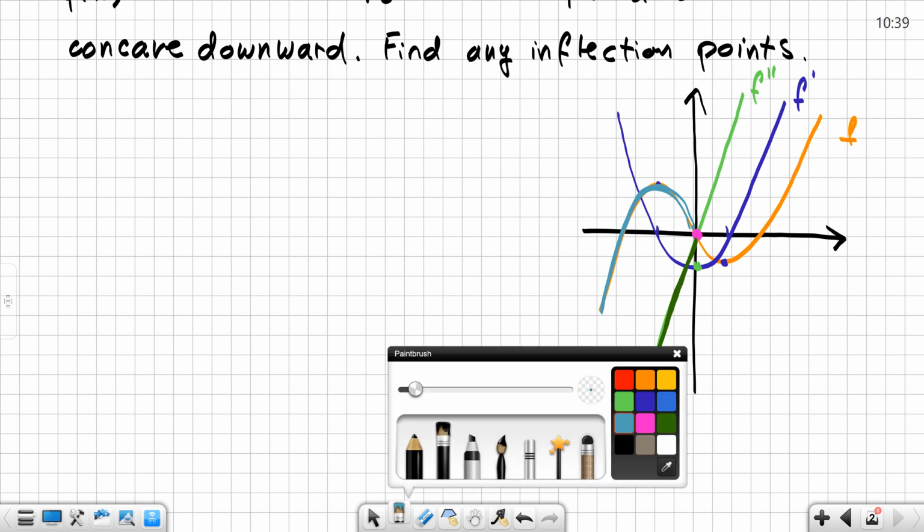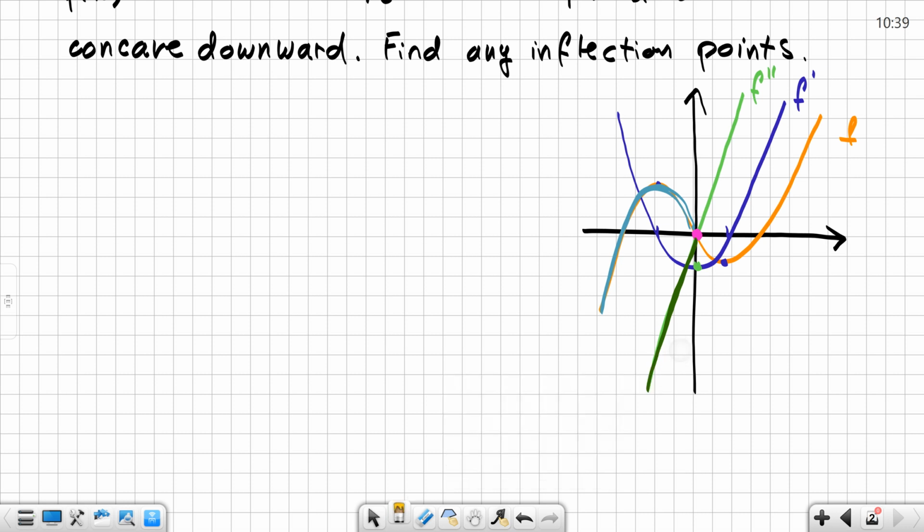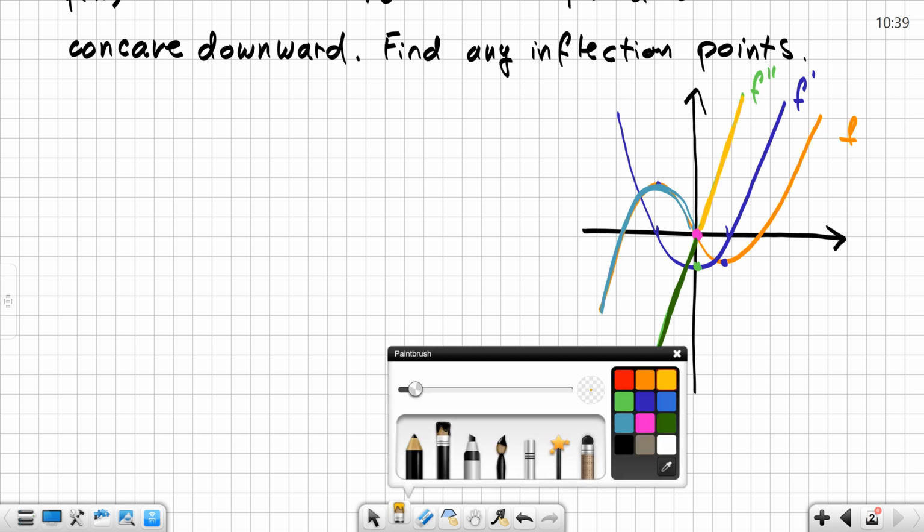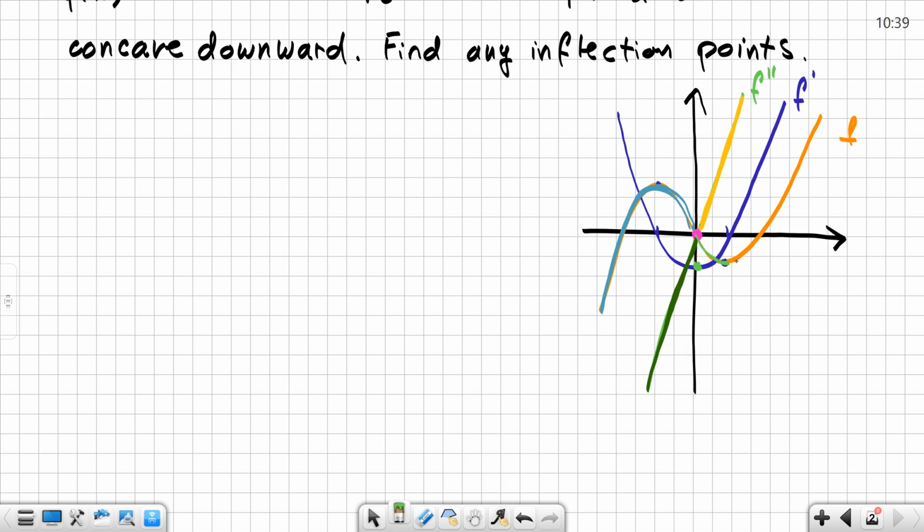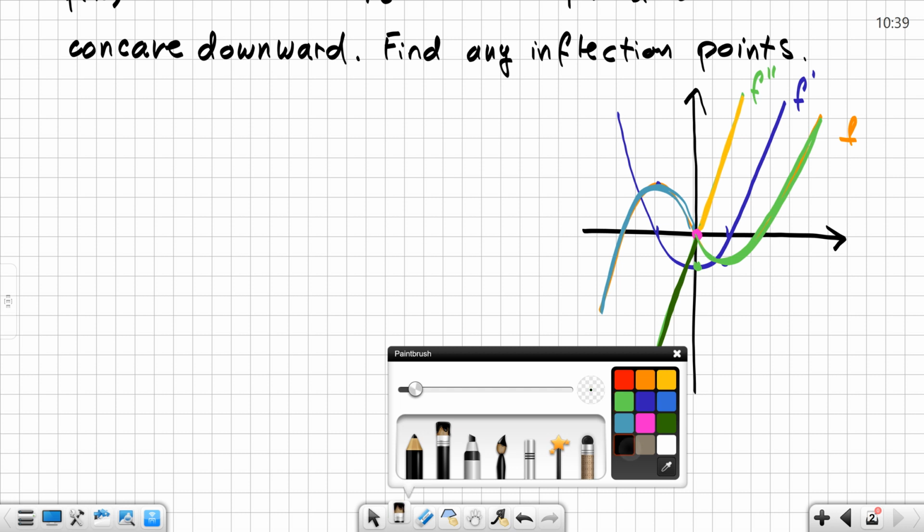And where my second derivative was positive, the original graph was concave upward. So, concave downward, concave upward, concave down when my second derivative is negative, concave up where my second derivative is positive. And this is what we're going to use now.